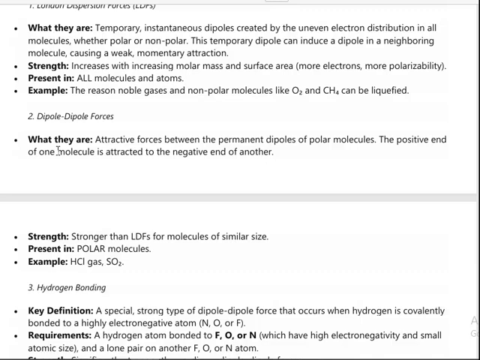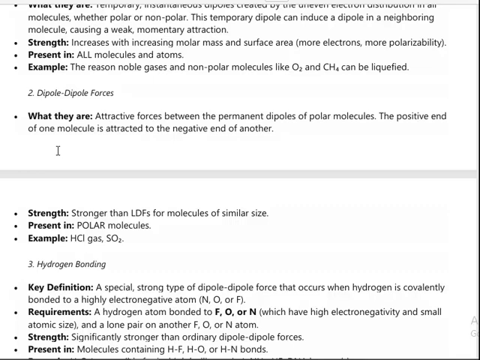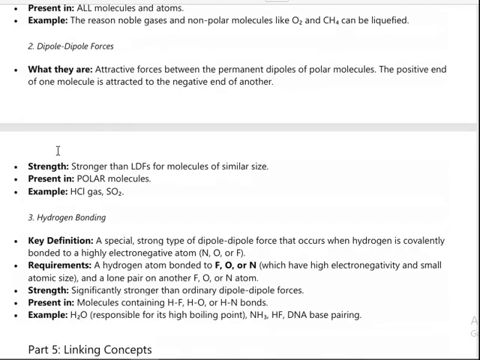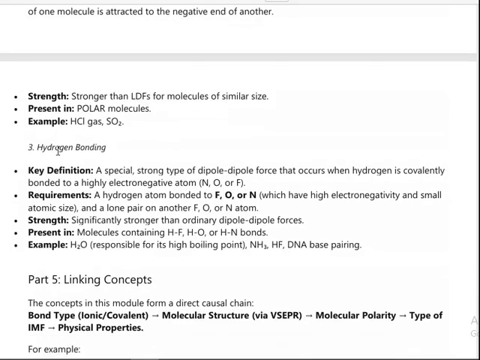Now to hydrogen bonding. Hydrogen bonding is a special type of dipole force that occurs when hydrogen is covalently bonded to a highly electronegative atom, and these are nitrogen, oxygen or fluorine. For hydrogen bonding to exist, you must have fluorine, oxygen or nitrogen there.